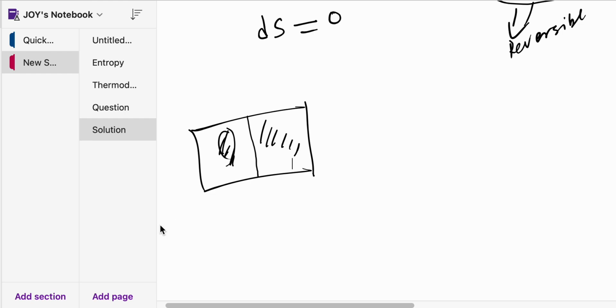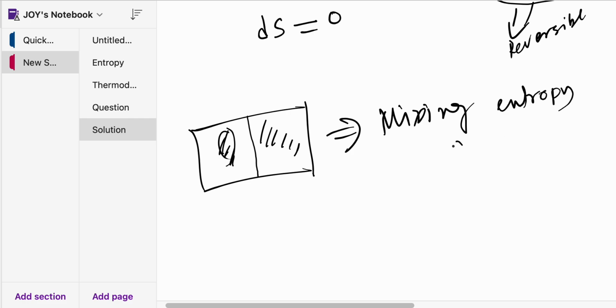Now we know that if a huge number of particles are mixed homogeneously, we cannot separate them out, so the entropy increases on mixing, always.